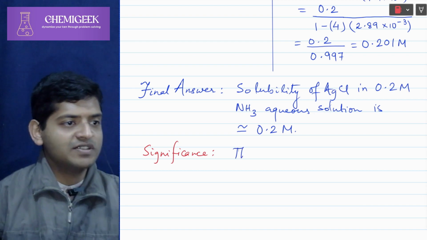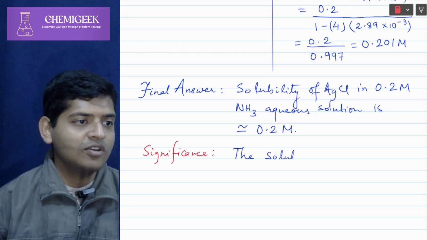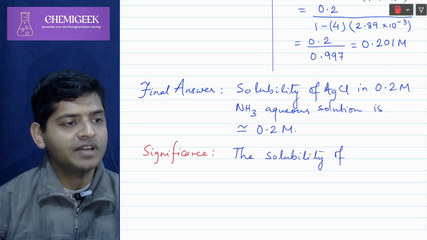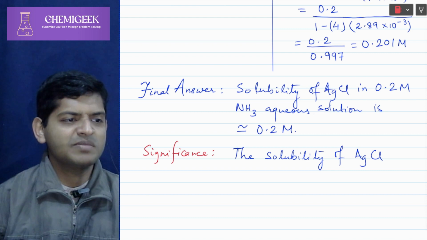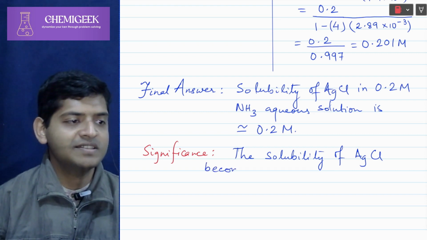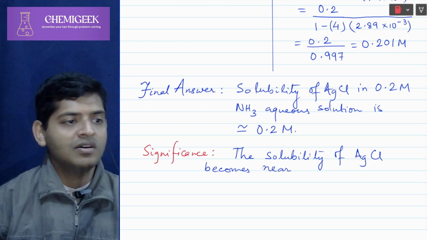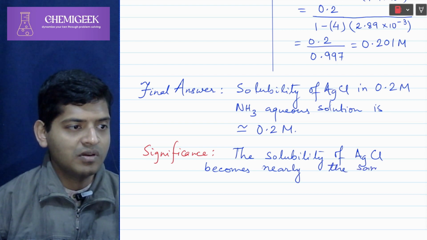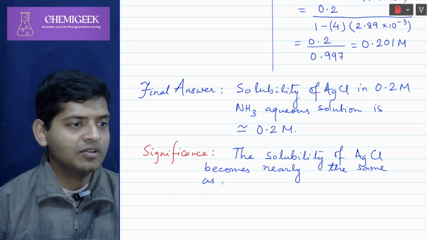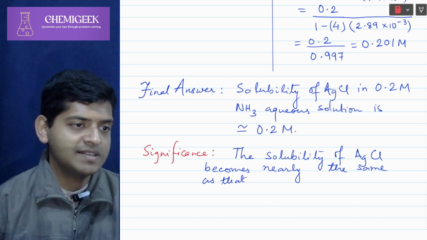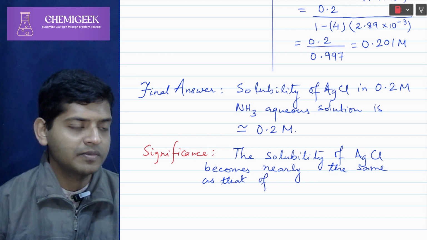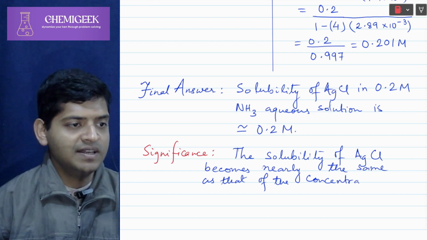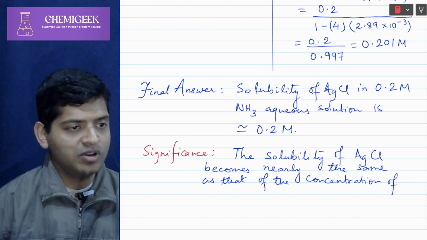And what is the significance of this problem? You can see the solubility is turning out to be around 0.2 molar, that the solubility of AgCl becomes nearly the same as the concentration of the complexing ligand, which is nothing but the ammonia molecule.